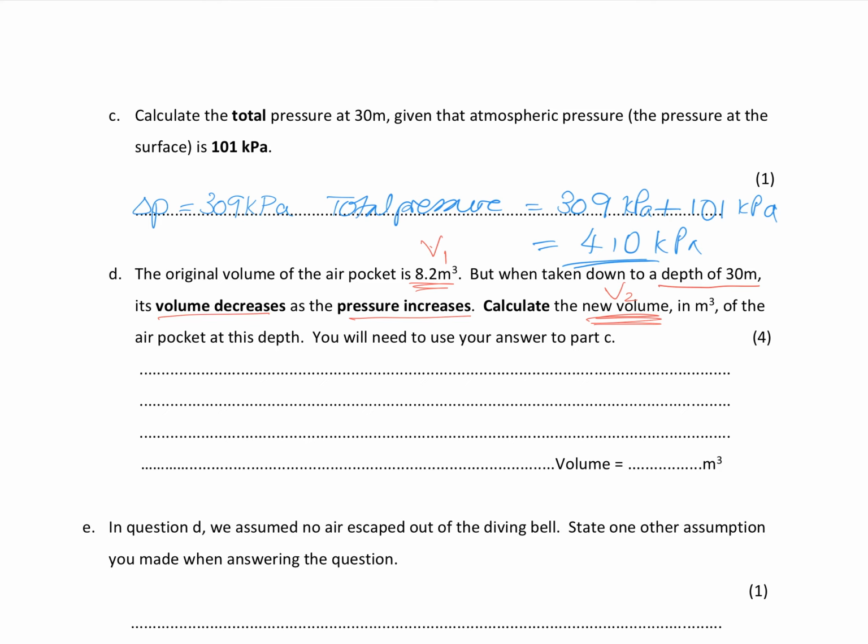Now remember, at the surface, the pressure is just atmospheric pressure, so 101 kilopascals, okay? And V1 is 8.2 metres cubed.